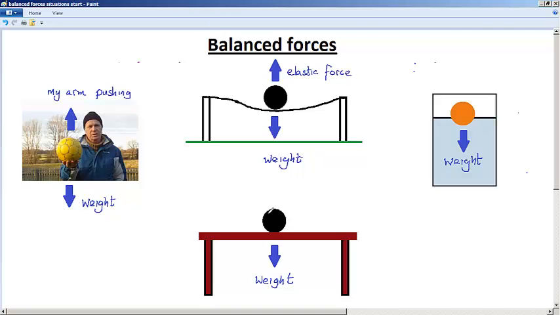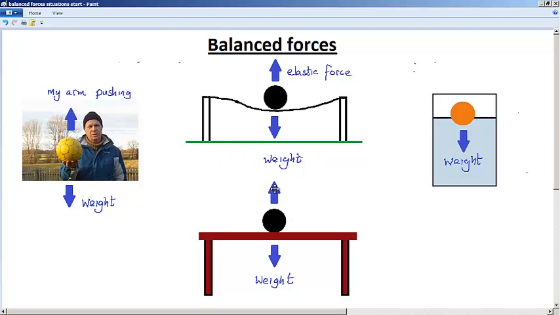Now, what about the case of the cannonball on the hard oak table? That's a thick oak table there, and you might say, well, what's pushing back on the ball here? Well, in fact, the tabletop does exactly the same thing as the rubber sheet on the trampoline. It deforms, it bends slightly, and that produces an elastic force which balances the weight. So we've got an elastic force again here.